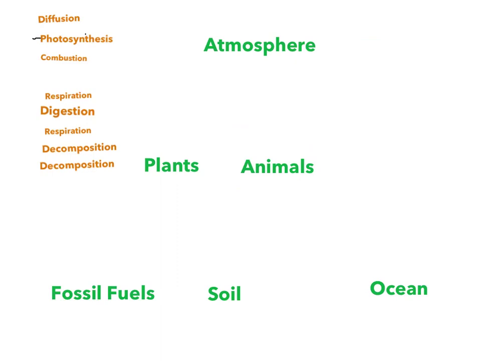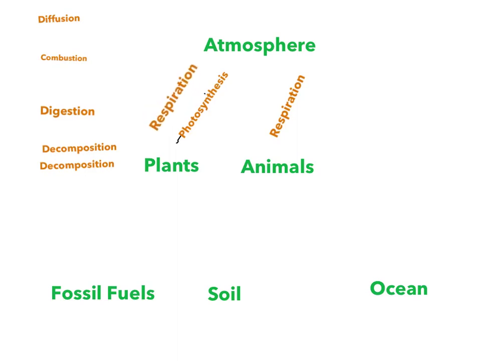We're going to take our photosynthesis, move it over to where our plants are, and connect that to the atmosphere. And then we take our respiration, move it over to where the animals are, and connect that to the atmosphere. But remember, plants also go through respiration, so we're going to move that over by the plants and connect that as well to the atmosphere.